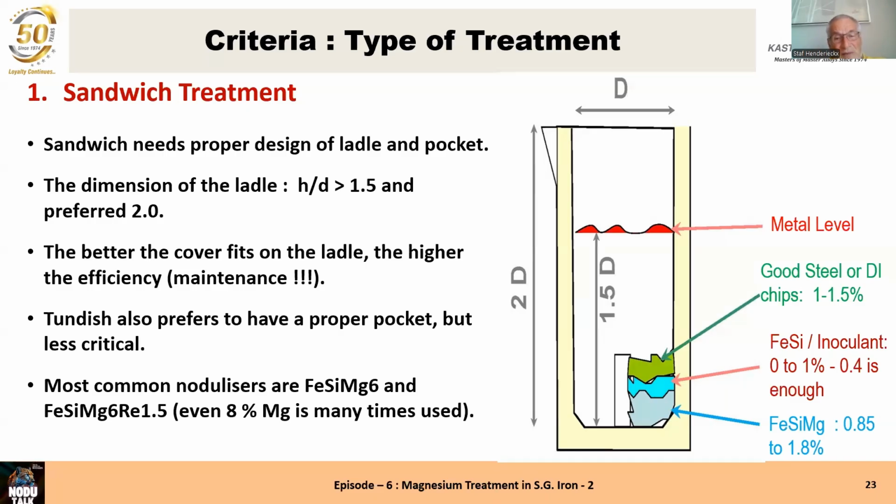That's very, very important, because you have a cover, and if it's deformed, you will lose a lot of your magnesium oxides immediately. Then the pocket method: it is preferred to have a proper pocket, but it is less critical than the sandwich treatment.